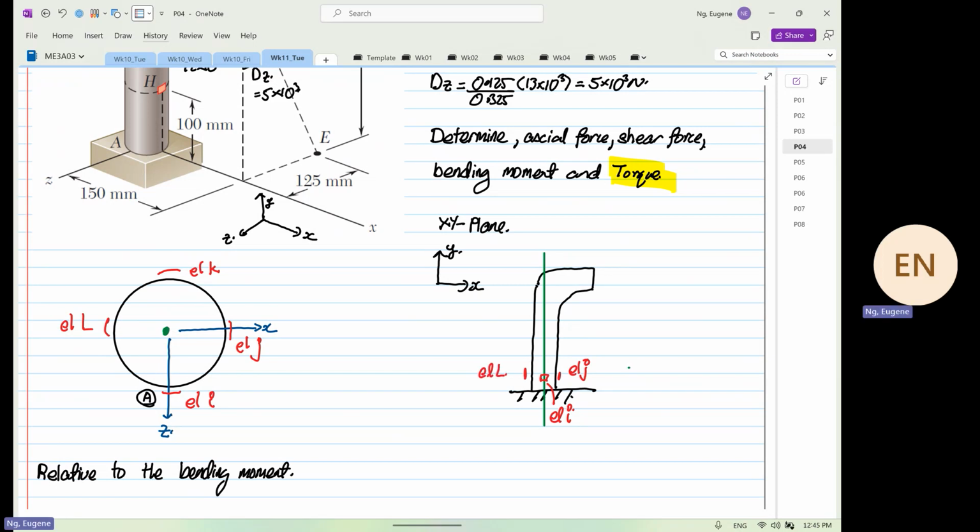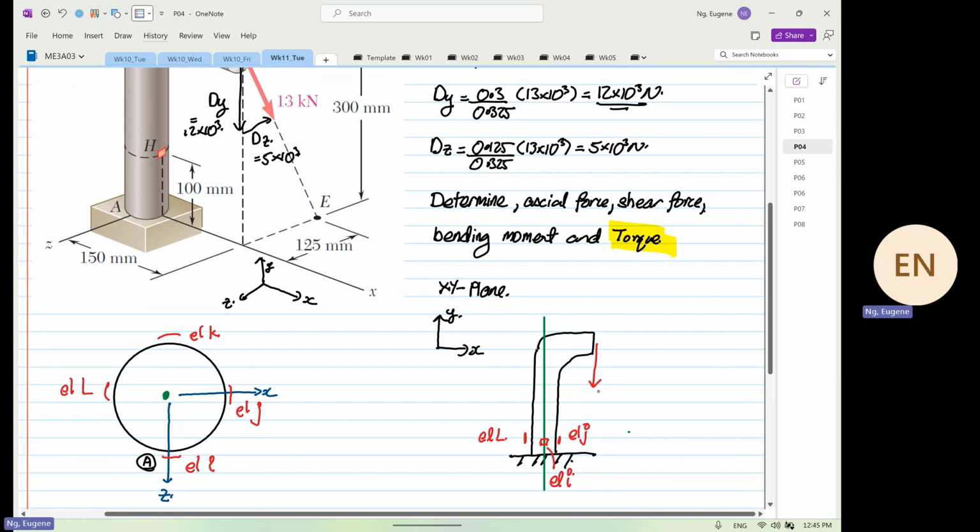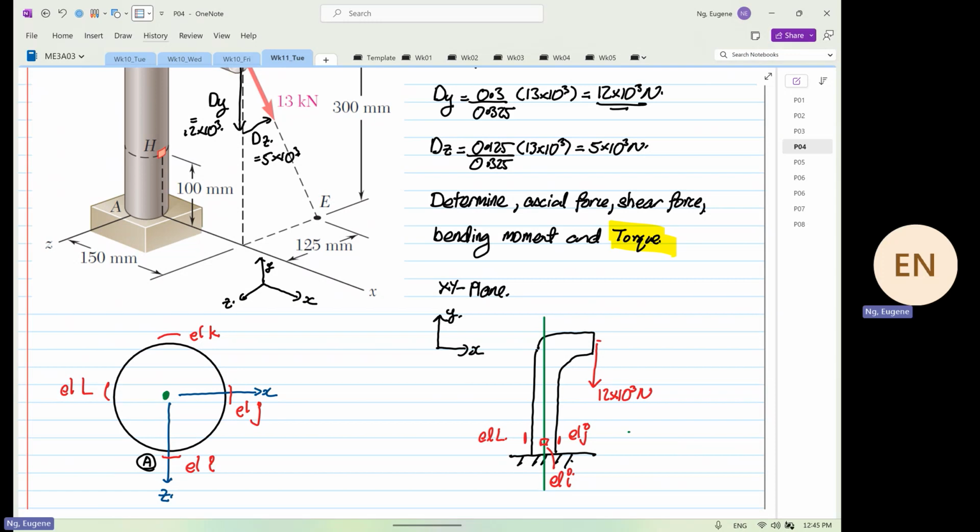What is given to us is a load coming down, that is our dy, which is 12 times 10 to the power 3. And then we have a load going away from us, and this dot is at 5 times 10 to the power 3 Newton.